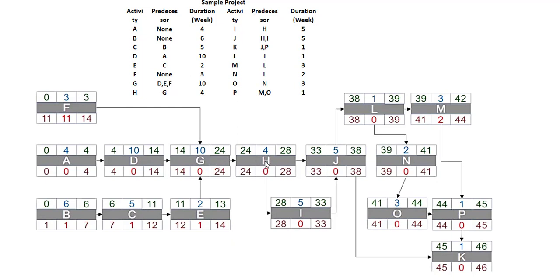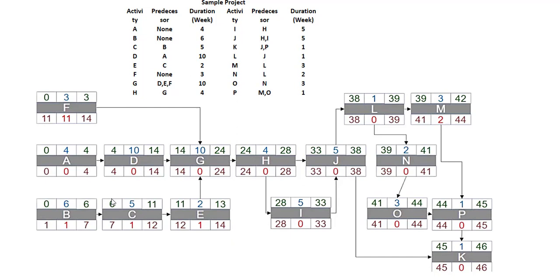Similarly, H, I, J, all these activities are filled with duration and early finish time. After giving input of all these upper factors like early start, duration and early finish, now our third step is to fill this lower factors, that is late start and late finish and hence float.